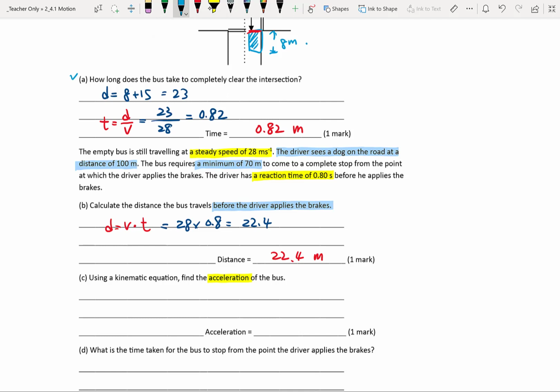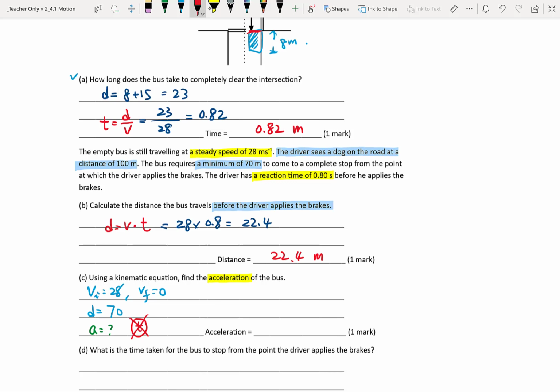The initial speed is 28, and they want to stop, so the final speed will be 0. We know the distance, 70 meters, and we want to know the acceleration. After we read this, we found that we don't have time.